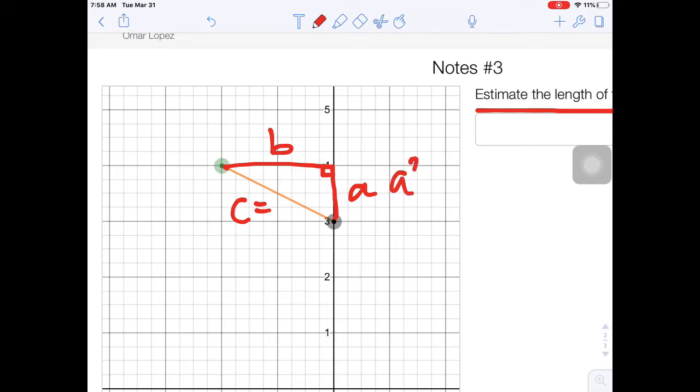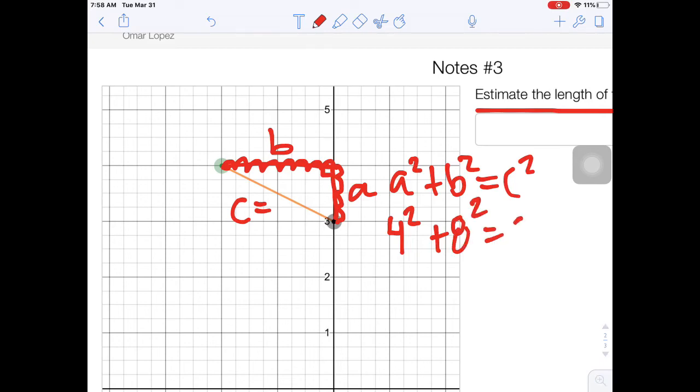So a squared plus b squared should equal c squared according to the Pythagorean theorem. We can't just count because it's the diagonal. You can't really count. So a is 1, 2, 3, 4, 4 to the second power. B is actually 1, 2, 3, 4, 5, 6, 7, 8, 8 to the second power. And that should equal c squared.